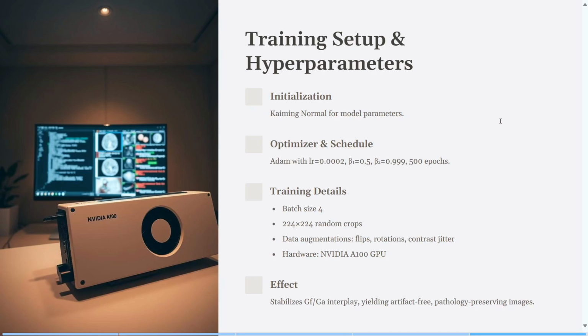Each training image was randomly cropped to 224 by 224 to introduce spatial variance, and standard data augmentation techniques like flipping and contrast jittering were used to enhance generalization. This extensive training helped stabilize the interplay between GF and GA, resulting in artifact-free DECT images that still preserve subtle edema patterns.